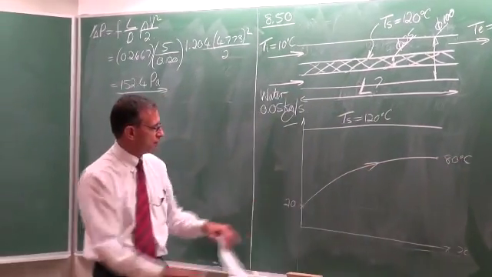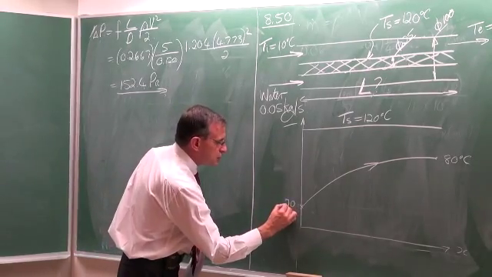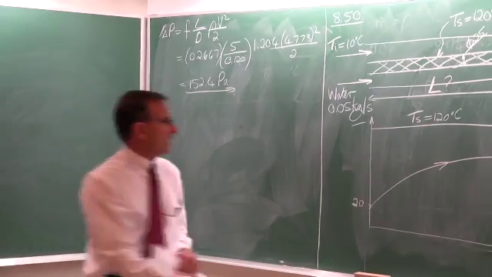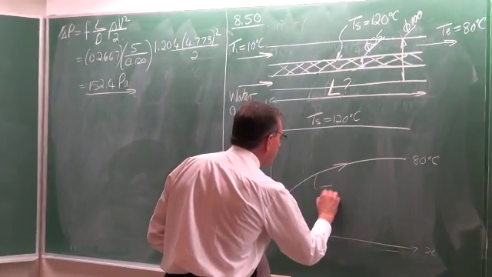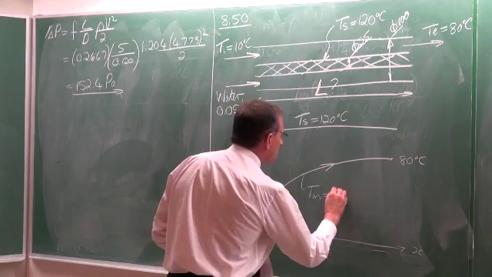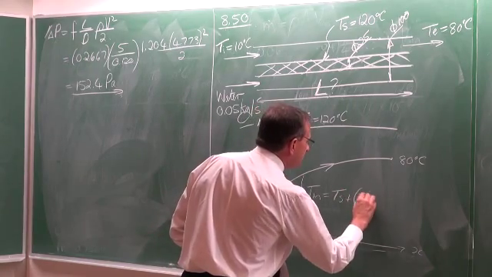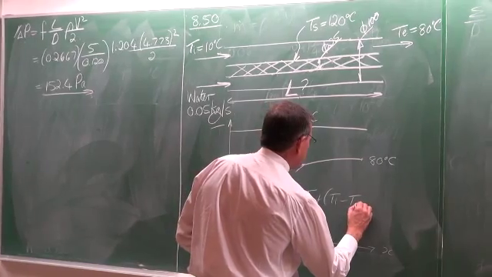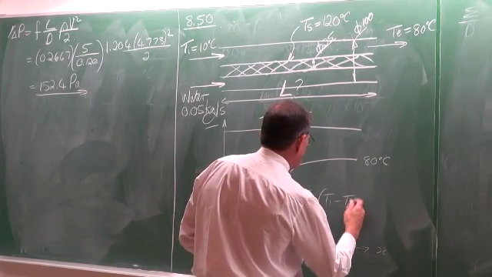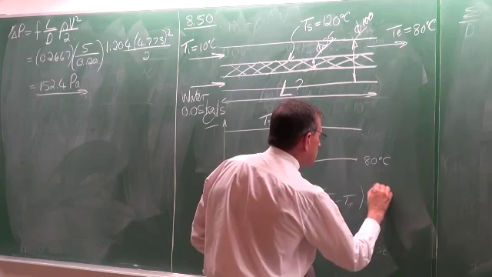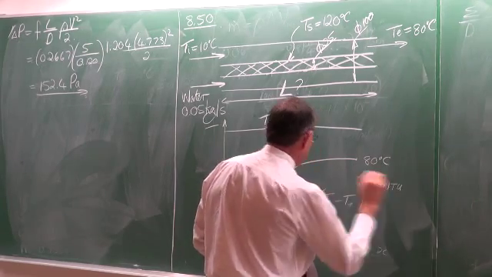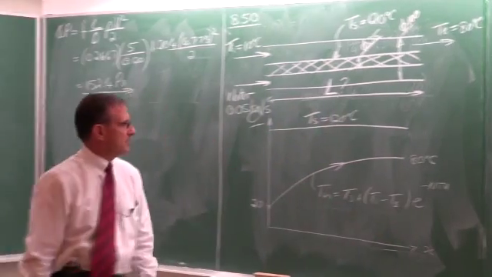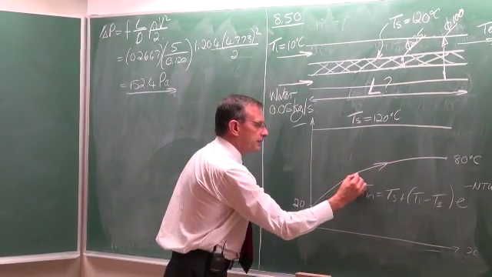So the flow occurs from this side, from the temperature of 20 to that side with a temperature of 80. And this equation, the mean temperature is equal to Ts minus e to the minus NTU times Ts minus Ti. That is the equation for that line.